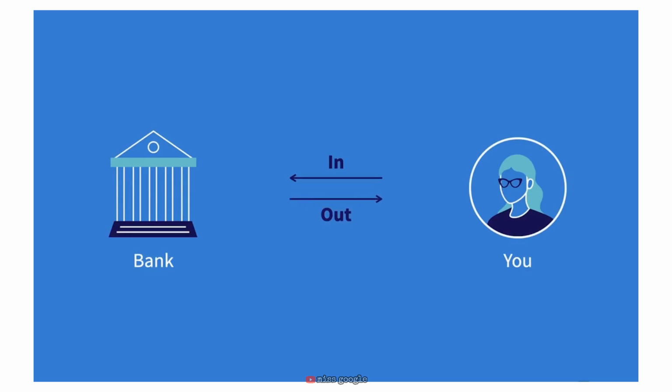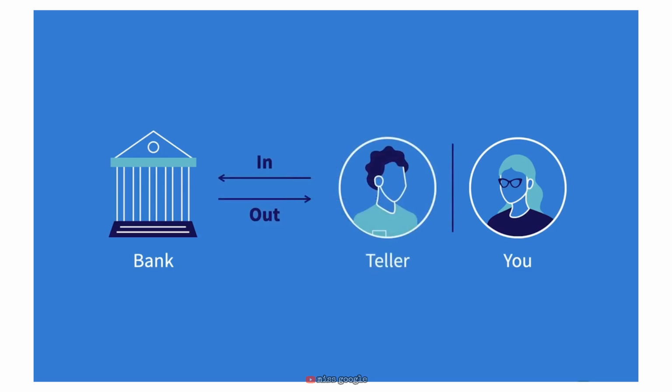Now, in reality, that's not the way it works. We can't just walk into the bank vault at our local branch and put money in and take money out. Instead, what we have is a teller, right? You walk up to the desk and tell the teller you'd like to deposit money. The teller brings up all your account information, they authorize you, and then they take care of putting the money into your bank account.